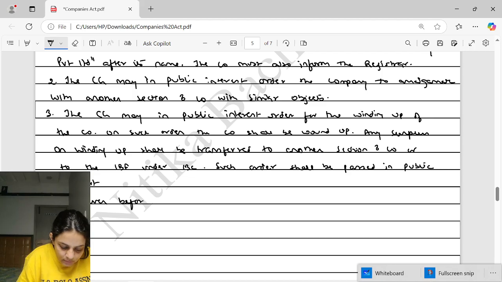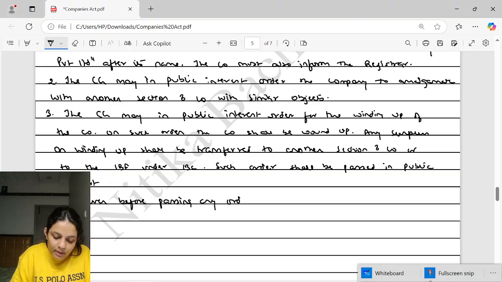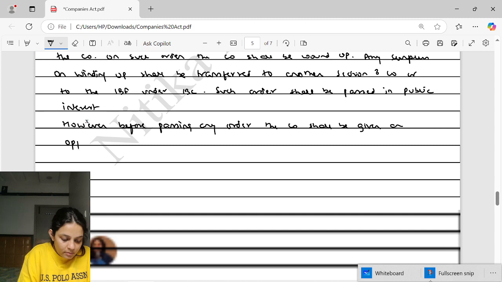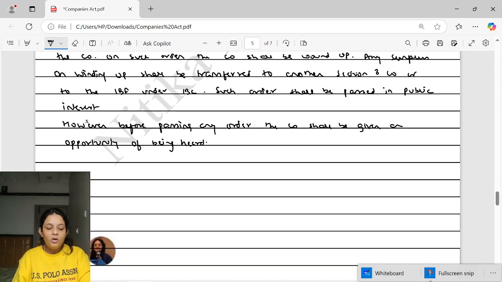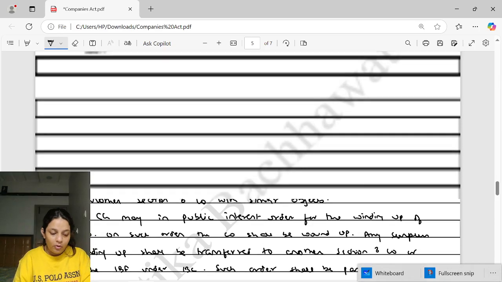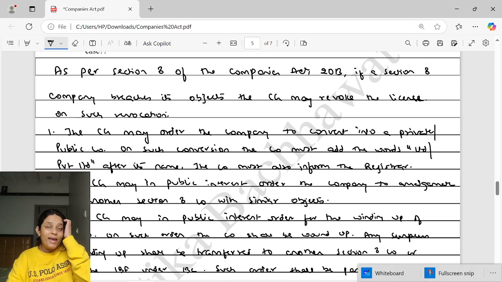However, before passing any order, the company shall be given an opportunity of being heard. Correct? So this is the provision. Therefore, the central government can pass any of the above mentioned orders. Right?